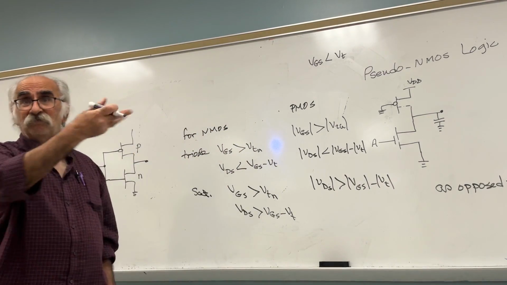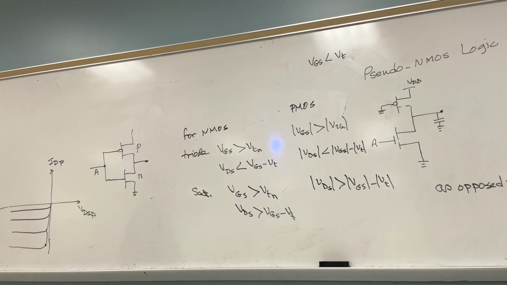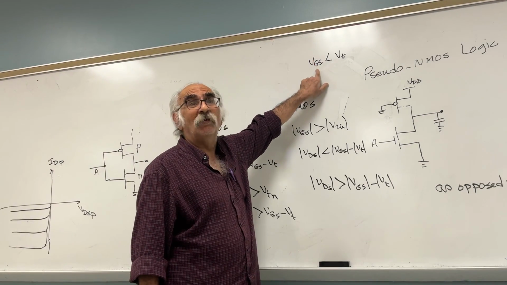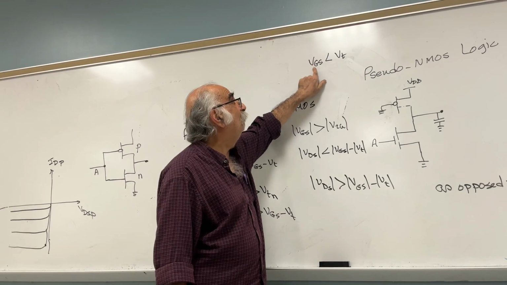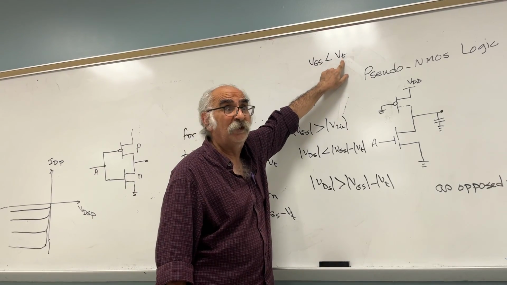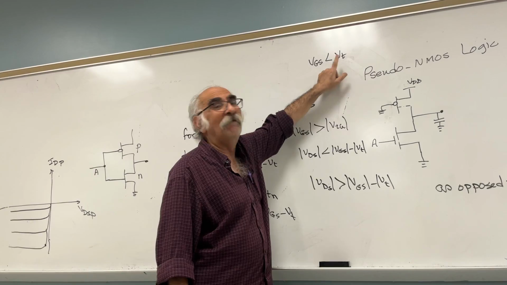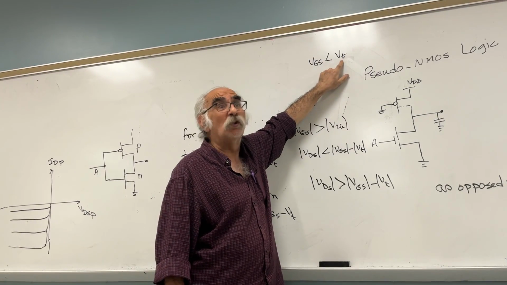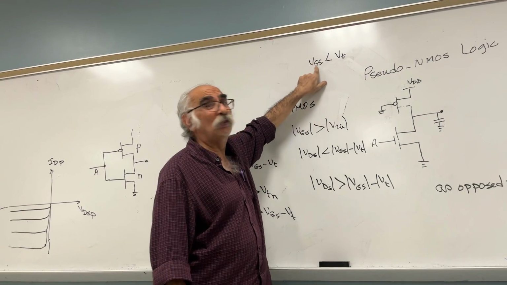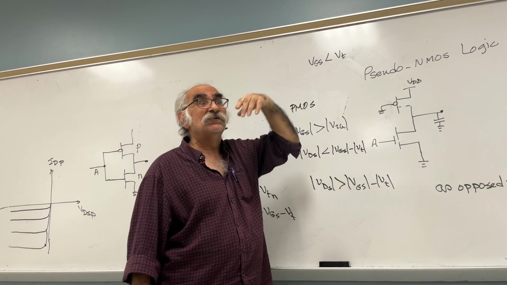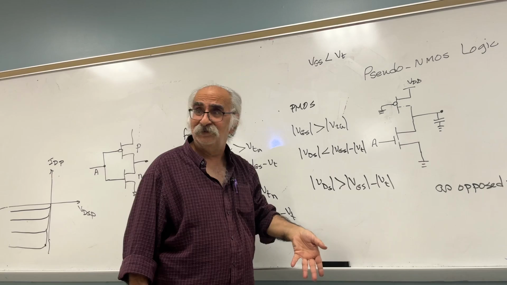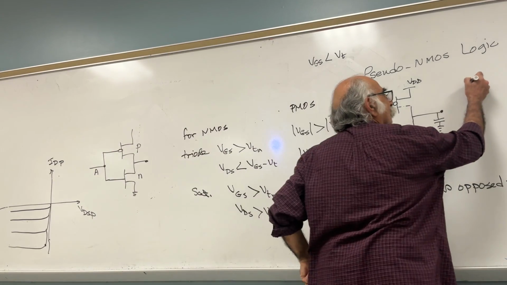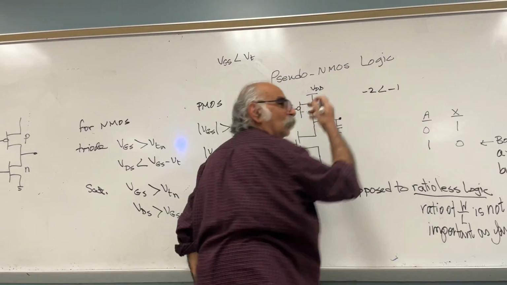In PMOS, all of these voltages are negative. You follow me or not? So when it is negative, this one needs to be more negative than this one. For the sake of argument, if this one is minus 1, this one should be minus 2. Minus 2 is less than minus 1, do we agree?